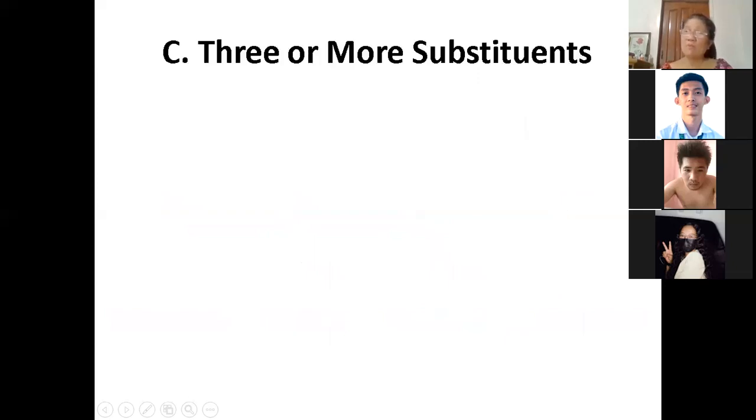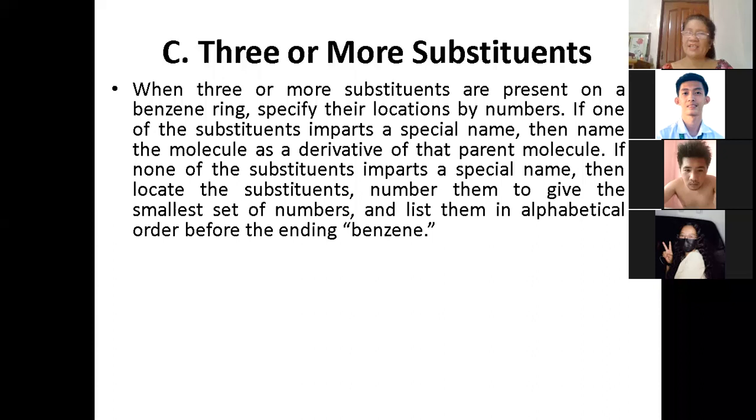How about if you have 3 or more substituents or attachments? When 3 or more substituents are present on the benzene ring, specify their location, of course, by number. If one of the substituents imparts a special name, name the molecule as a derivative of that parent molecule. Same as I have said, you count carbon 1 for your parent, followed by the substituents, and the naming should be in alphabetical order.